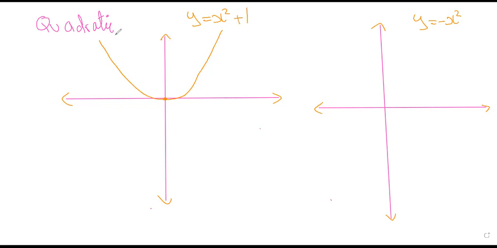This graph would pass through 1. That is it. This point would be 1. This is for y equals x square. You don't need to understand all the complicated things. I'm just telling you that whenever you will have y equals x square plus something or minus something, it would be a U-shaped graph.